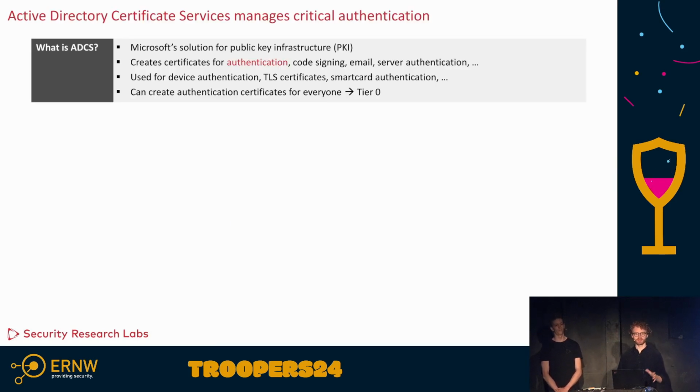This is the PKI solution by Microsoft that's integrated with Active Directory. It can be used to create certificates for TLS, email, code signing, but also for client authentication in your network. So if you have an authentication certificate for a user or a machine, you can basically do the same thing as if you have a password.